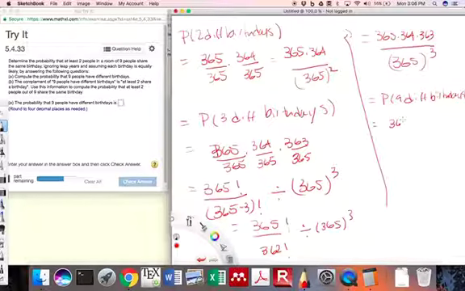So this is 365 factorial over 365 minus 9 factorial divided by 365 to the 9th power. And that is 365 factorial over 356 factorial divided by 365 to the 9th power.